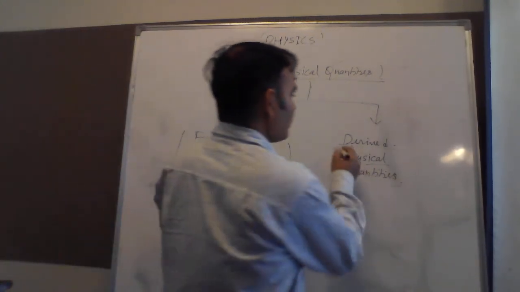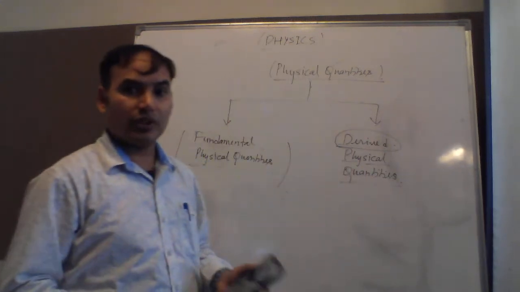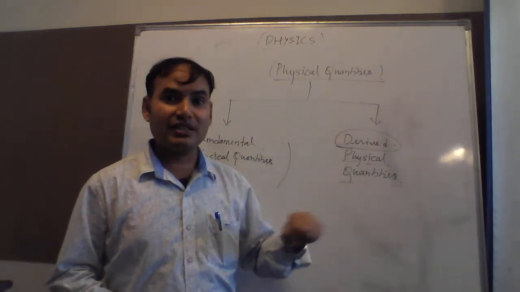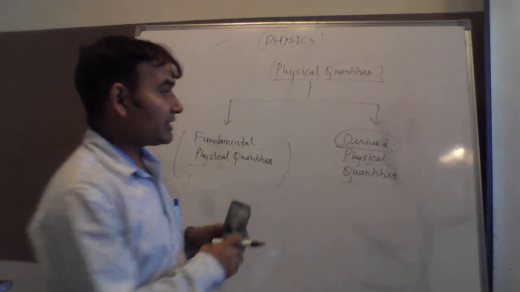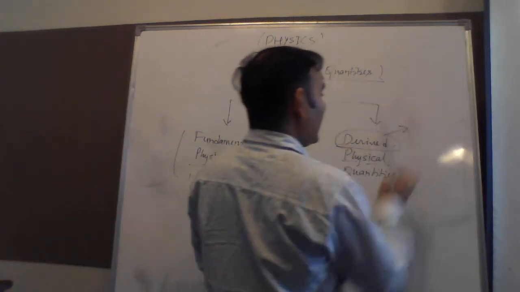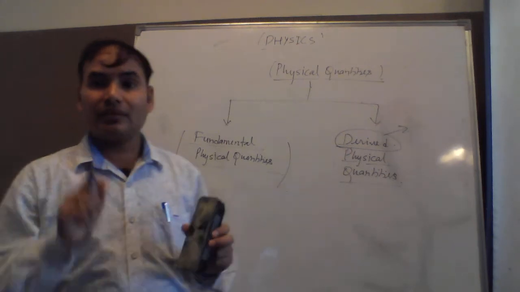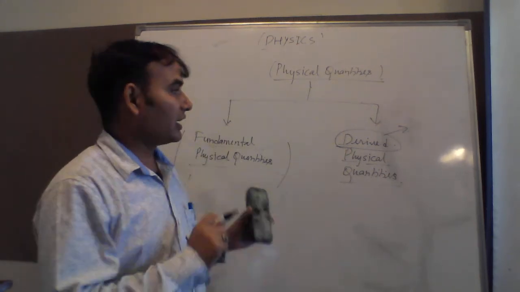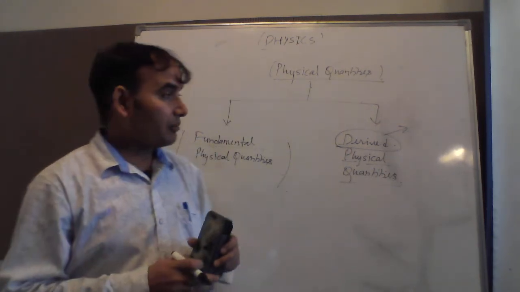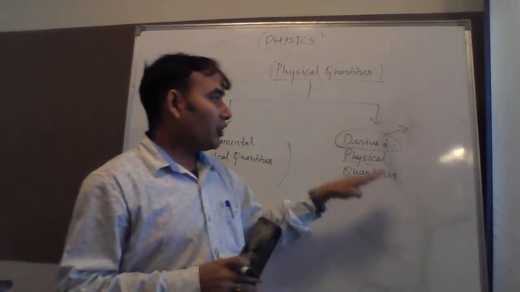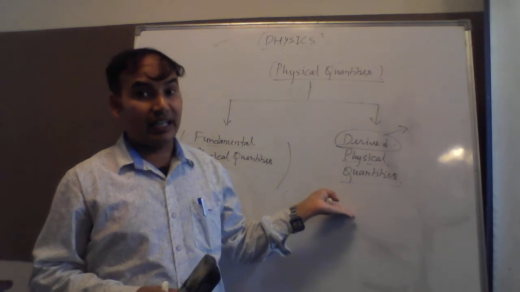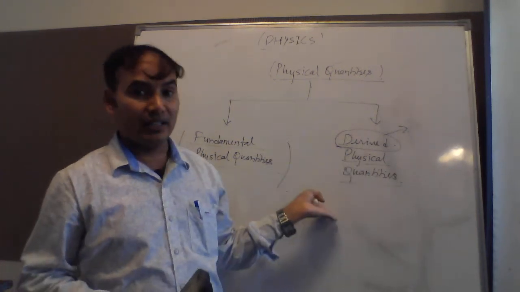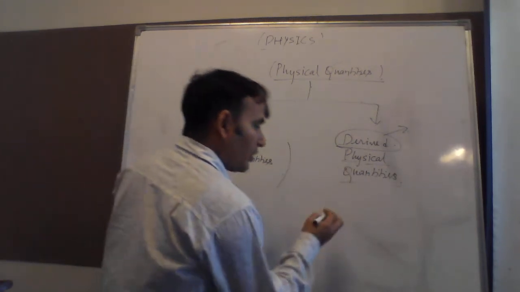Now the derived quantities are what? As the name suggests, derived. Derived means they are derived from somewhere, right? What does it mean? It means they need the help of some other physical quantity for their complete representation. They cannot be independently written. They can never be independently written. For example, force.